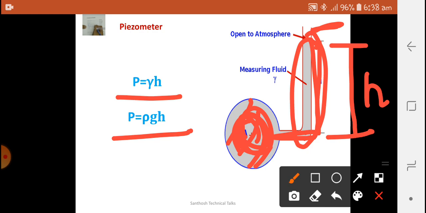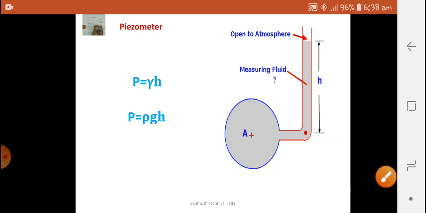That is the major disadvantage of the piezometer, which is why it is used for small pressure differences: the height to measure is very small for smaller pressures, and it would have to be a big height for measuring large pressure. So that is why it is limited to very small pressures. Even negative pressure we can measure using this piezometer.